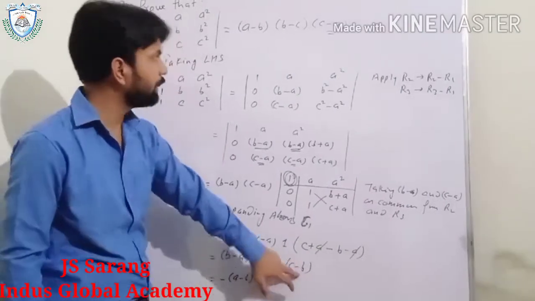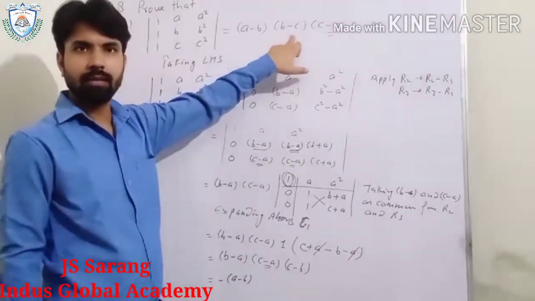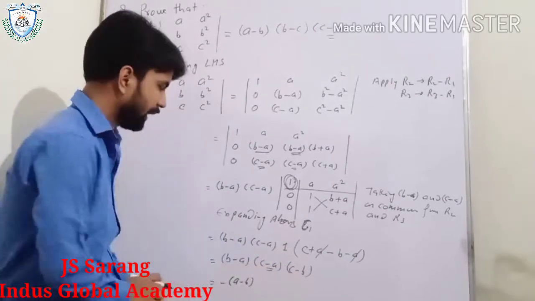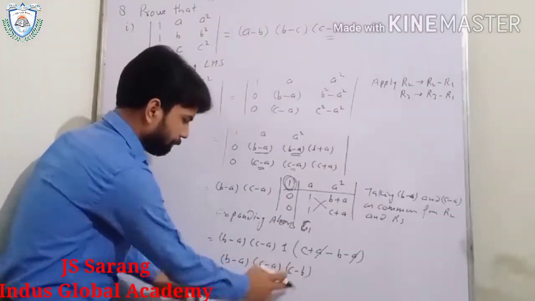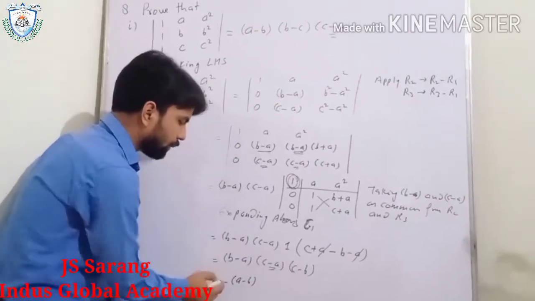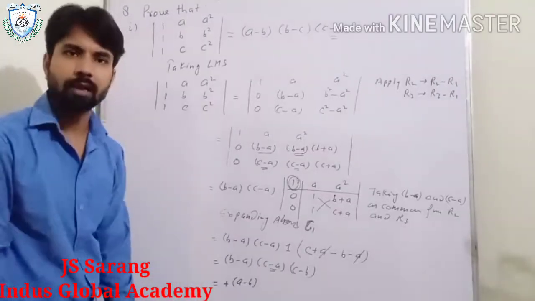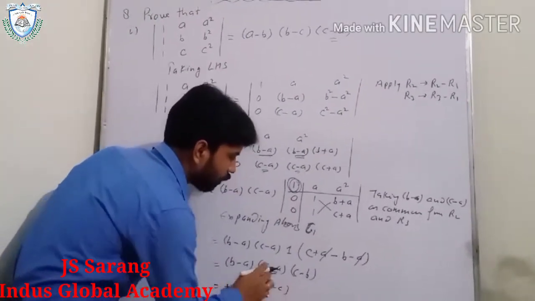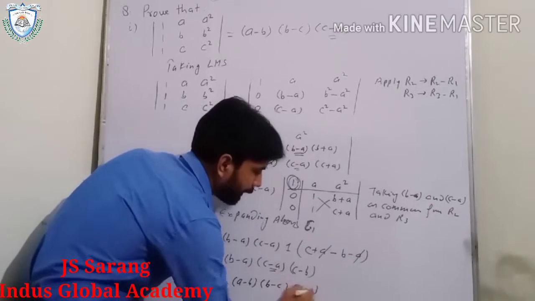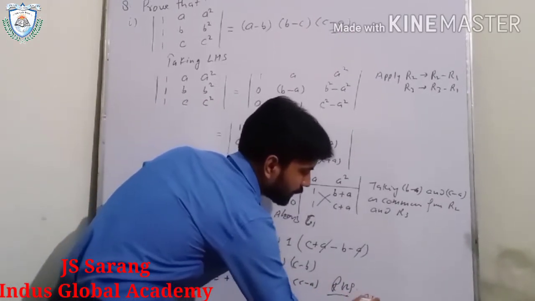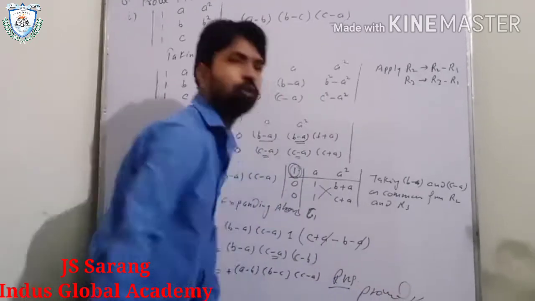Now C minus B, but this is B minus C. So what we will do? Again we have to take minus common from this. If we take minus common from this, minus is already here, so minus into minus, it will be plus. So this will be B minus C and C minus A. Now this is your RHS, hence it is proved.